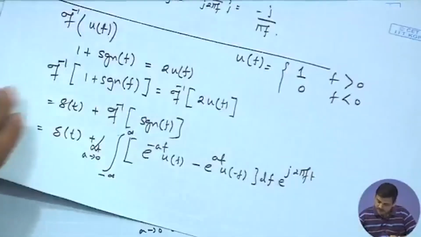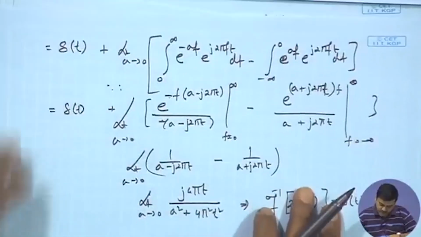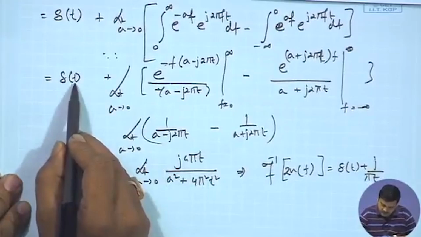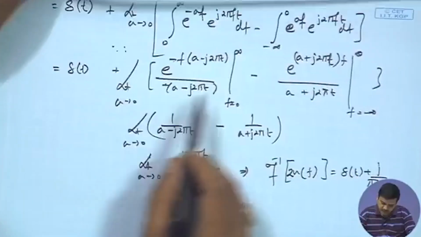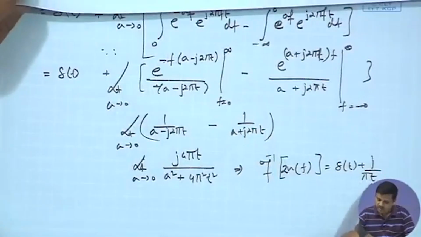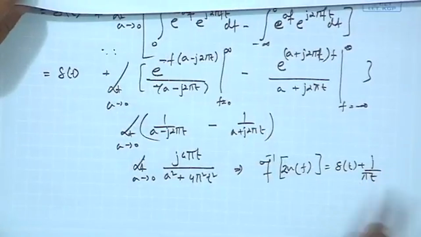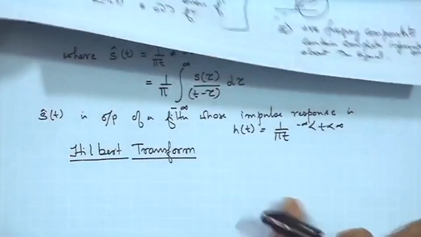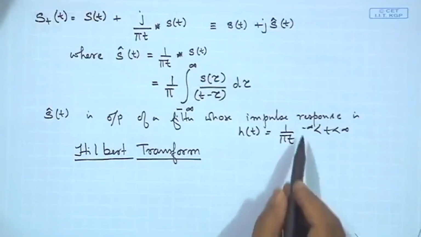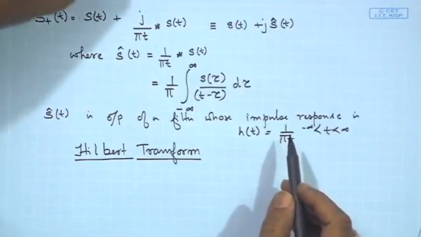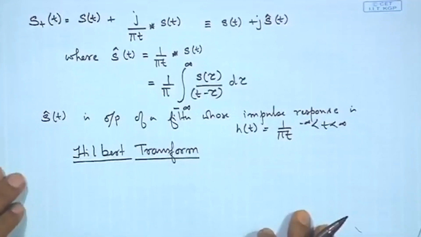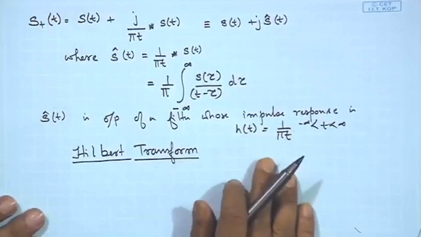So, a similar thing is what we are going to encounter here, and here as well this delta function remains as it is, and when we take this sine we have 1 upon pi t. So, this gives us a hint that when we are dealing with this 1 upon pi t, there is something to do with the sine function that will be there in the Fourier domain, or the Fourier transform relationship would be like that.